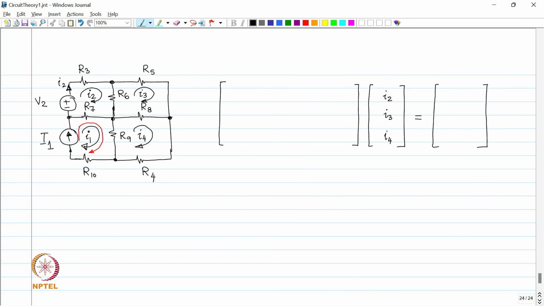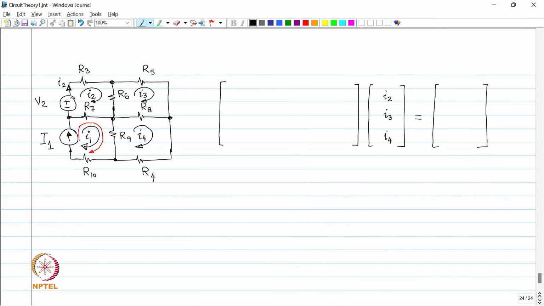Okay, let us do it. So, we go to mesh I2. Mesh I1, nothing to be done, and you can't do a KVL anyway. Mesh I2, once again we are looking at voltage drops.